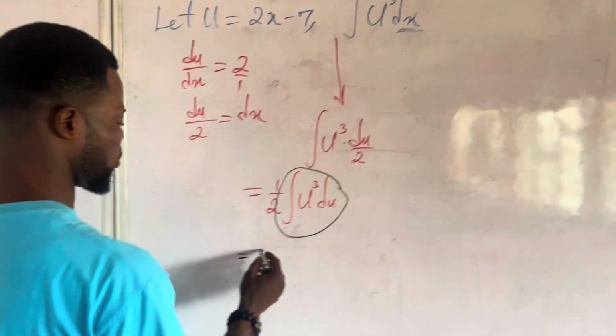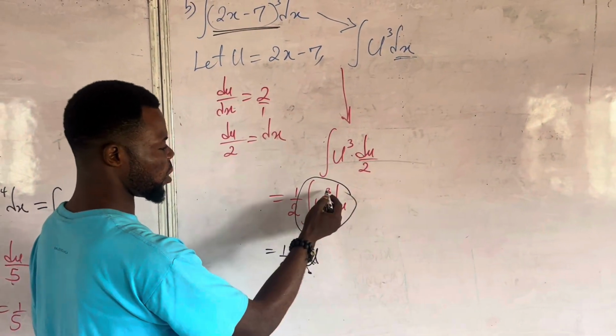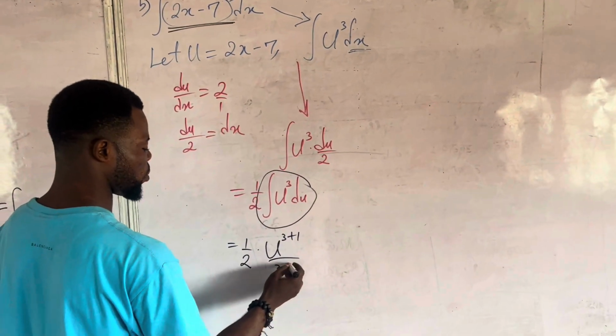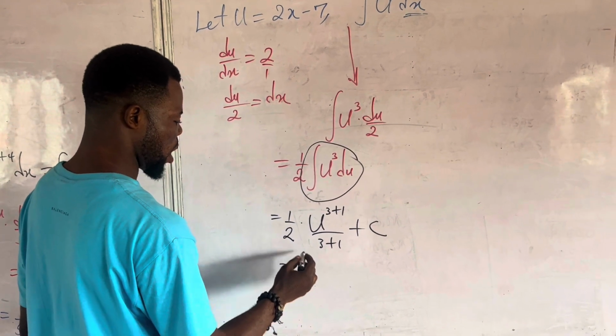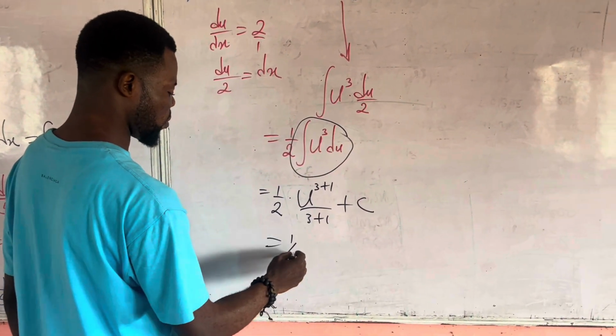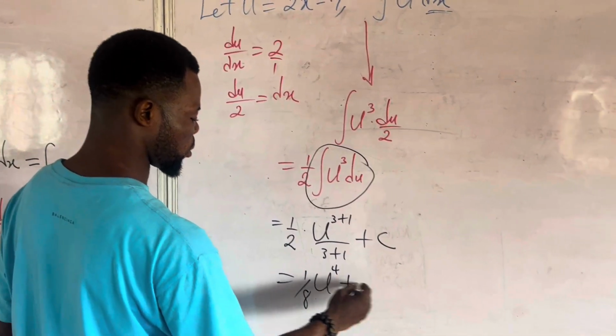So this will now give us 1/2 times u raised to 3 plus 1 over 3 plus 1 plus our constant term. 3 plus 1 gives 4, and 2 times 4 gives 1/8 u raised to the power of 4 plus a constant.